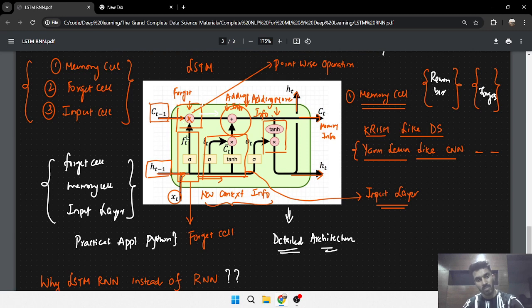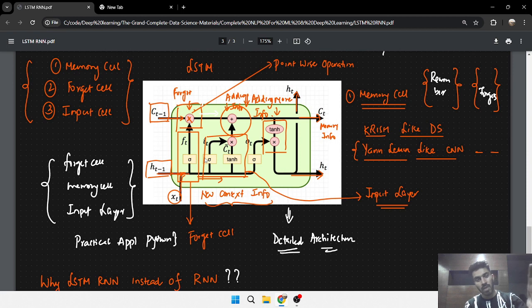How will this be done? Suppose you are doing a cross operation. Suppose your old vector, your long memory context vector, has value 0.9, very good, as the value ranges from 0 to 1, and the new vector comes with value 0.8. Then it sees, yes, it's new and good information, so if you multiply them, it will give you a very high value.